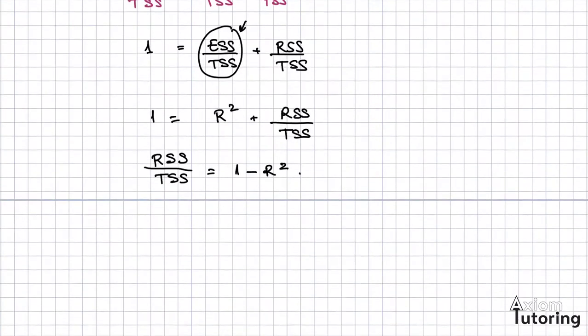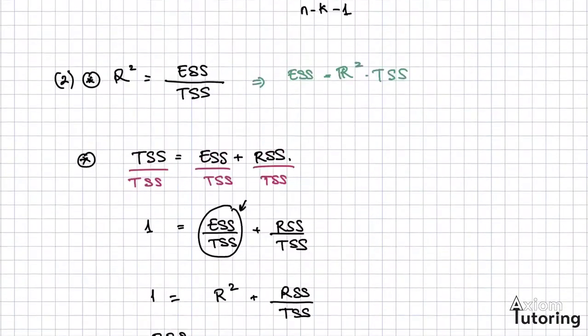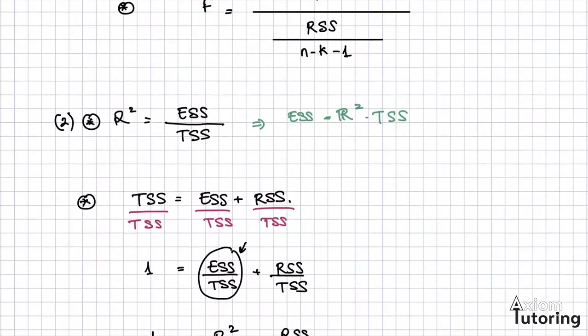If we multiply both sides by TSS, then RSS is going to be equal to 1 minus R squared times TSS. Okay? So I've got RSS as a function of TSS, and then from the second identity here, I have ESS as a function of TSS and R squared.